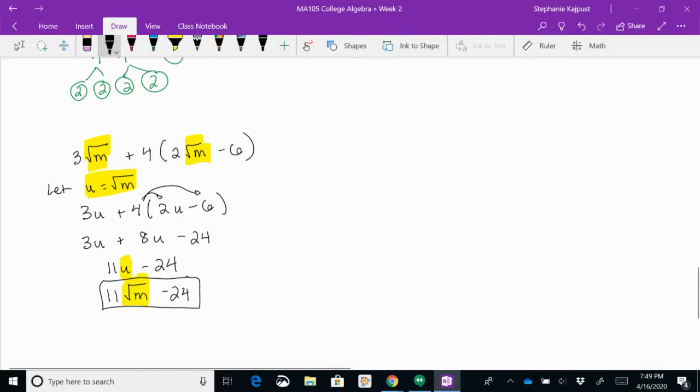Like on the assignment, there was a question, I don't remember what the exact numbers were, but I think it was something like this. You could have done the same thing and say, okay, instead of having the square root of 5, I'm going to do it with a variable u. Then you see, oh, it's just a FOIL problem.